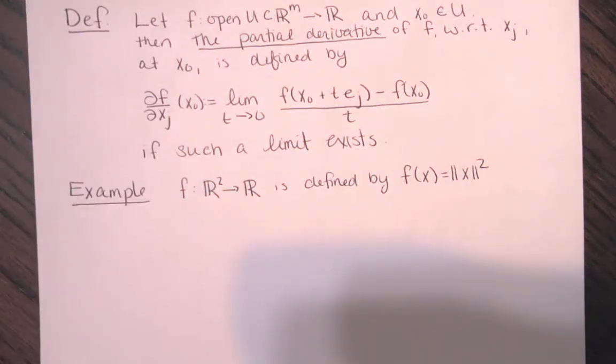So let's work out an example. Let's consider f of x equal to the norm of x squared, which is an example we've already looked at.